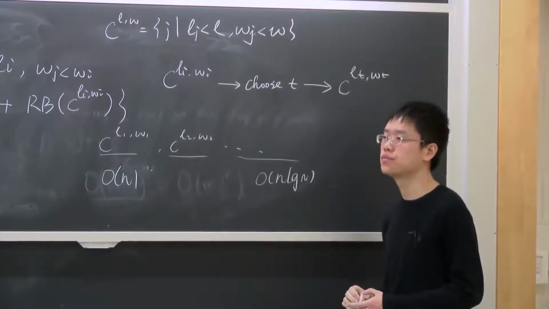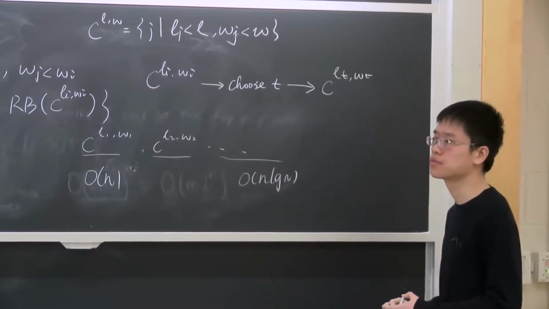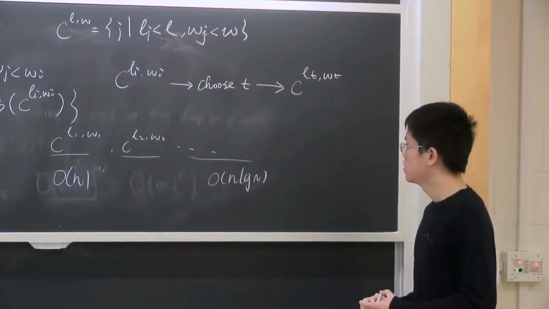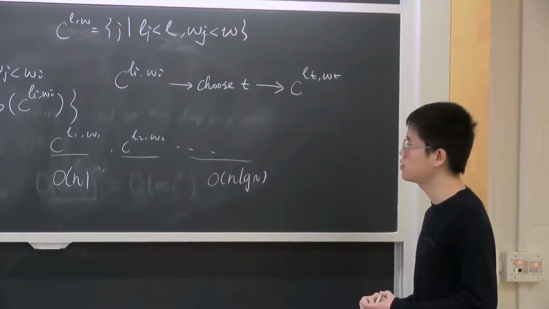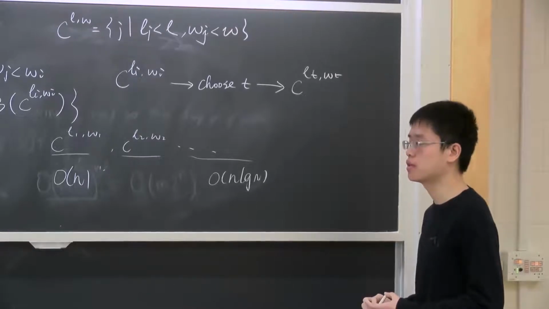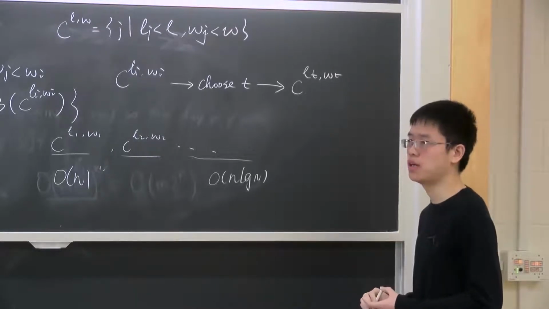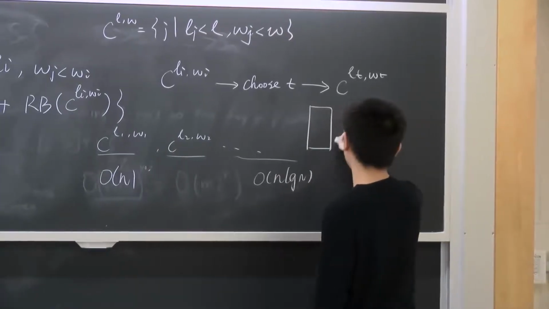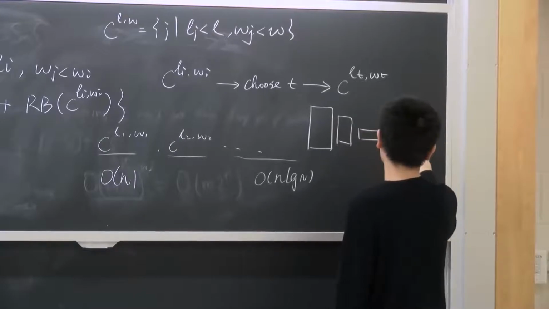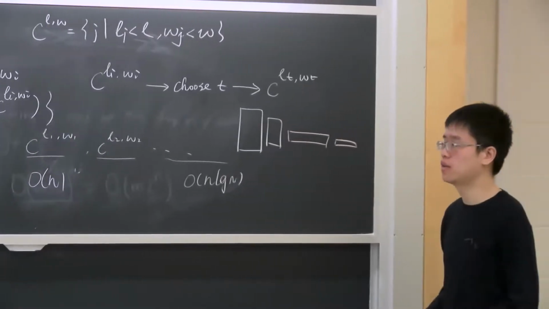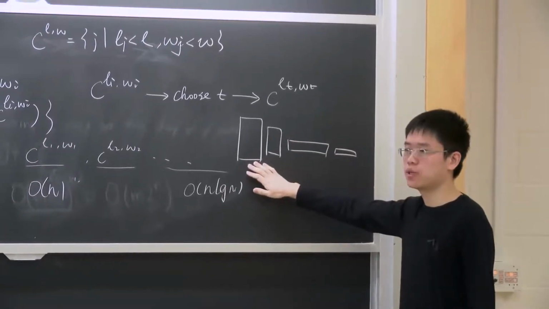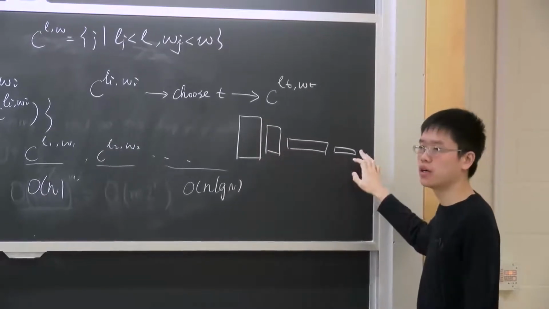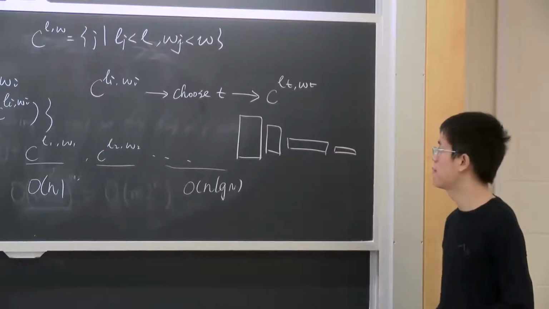Question: is the n log n solution keeping a sorted list by likelihood? Yeah, I think it should be something along those lines. But I haven't figured out whether you sort by length or by width, or you can only sort by one of them, right? After sorting by length, I may get something like this, and if I'm asking what's the compatible set with this guy, I still have to kick all of them out, right?